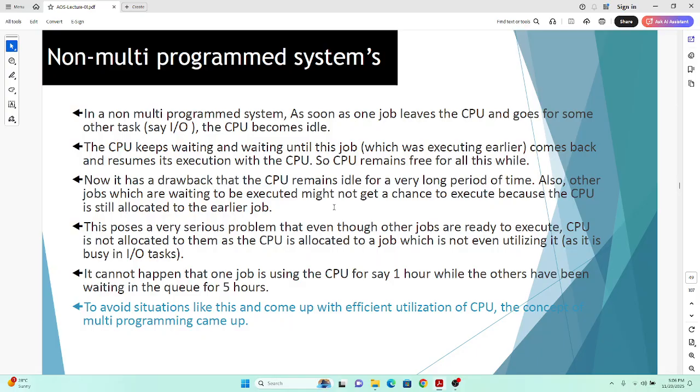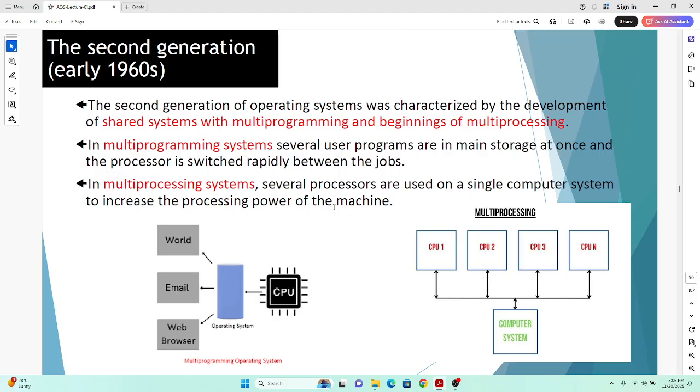of multiprogramming systems. So here comes the second generation of operating system, which began in the early 1960s, and they basically talk about multiprogramming and multiprocessing.